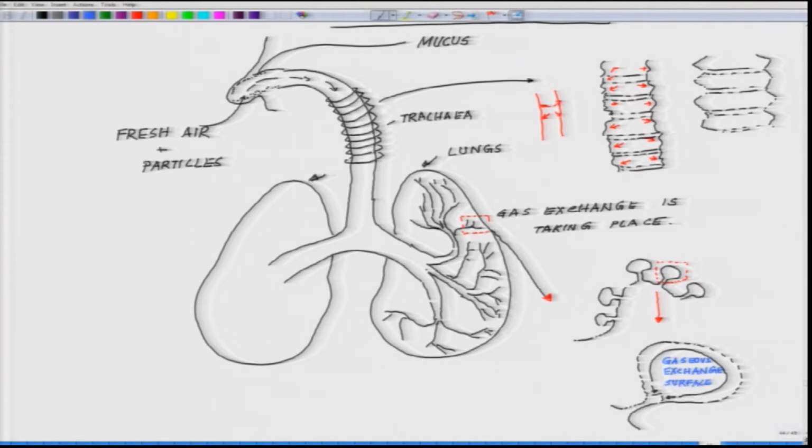This is where the gaseous exchange takes place. But then how does it take place? As of now, we have talked about the anatomy of the lungs. Now, it takes place underneath it. Out here at this surface, what you have are the blood vessels coming. The blood vessels move like this. They almost look like they are touching, but they are actually not touching.